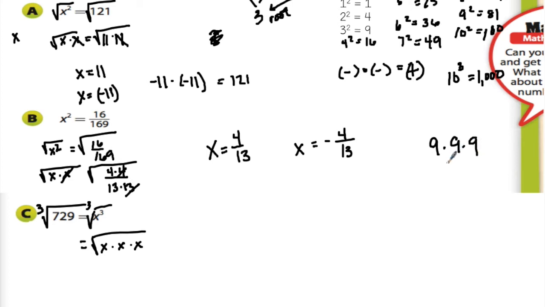Well, 9 times 9 gives me 81, and then I multiply that again by 9. 9 times 1 is 9. 8 times 9 is 72. So I know that 9 times 9 times 9 is going to give me 729. So the cube root then means if I get rid of these extra x's, I know that x has to be equal to 9.